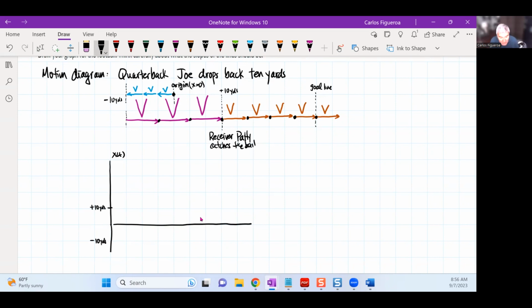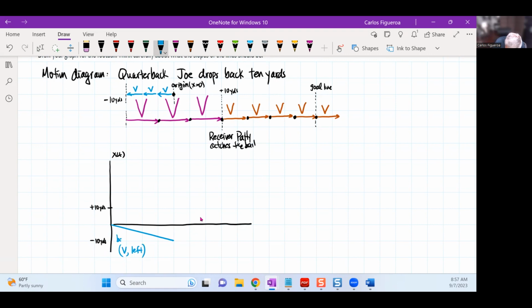If he's going to the left, it must mean that there's a negative slope. So let's draw that negative slope. And you could see that this is a speed of v, and it's going left, right?